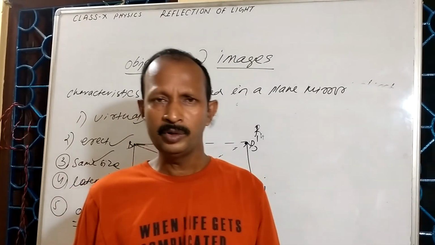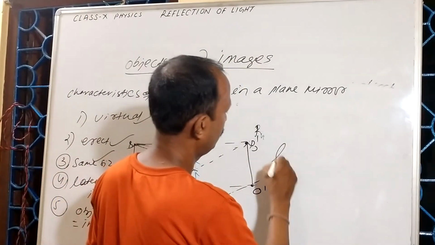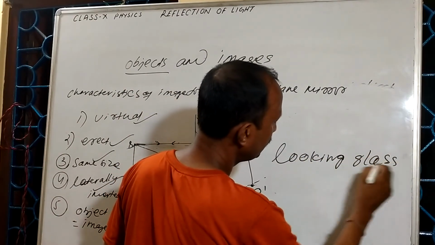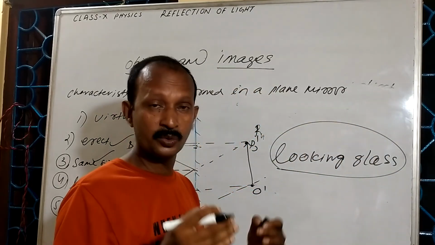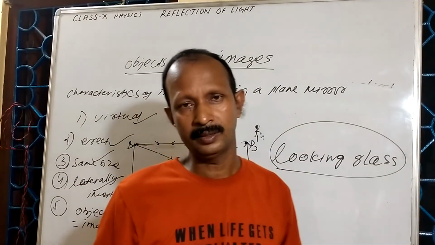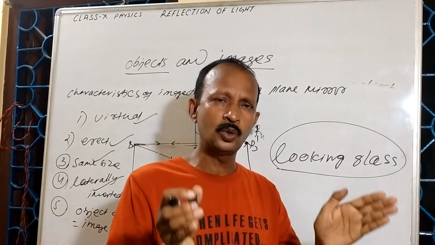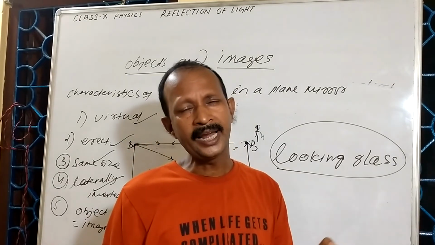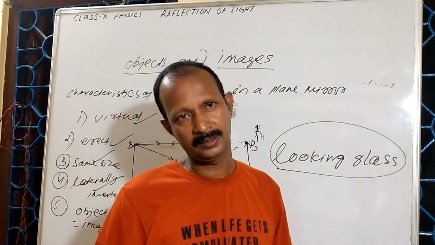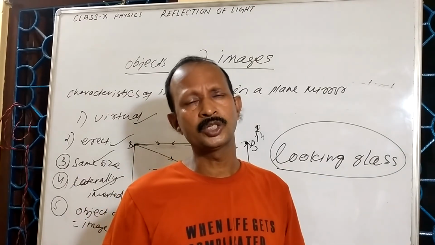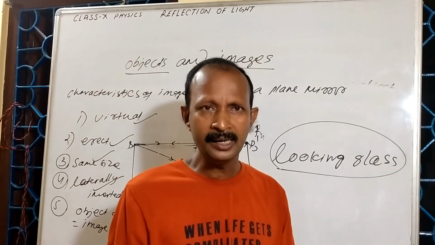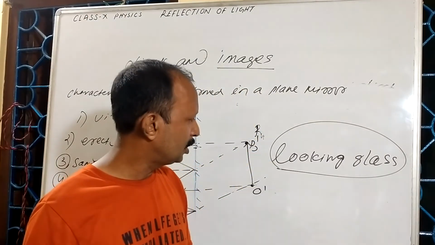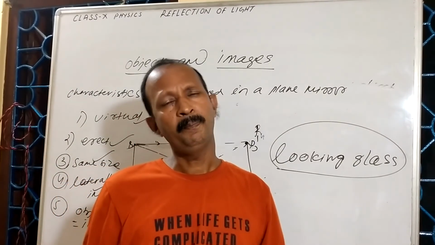Generally, a plane mirror we call a looking glass. That means we use it as a mirror. Sweet stalls also arrange plane mirrors parallel to get multiple images. In salons also we find plane mirrors. So these are some of the applications of a plane mirror.